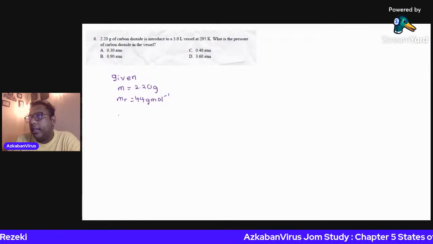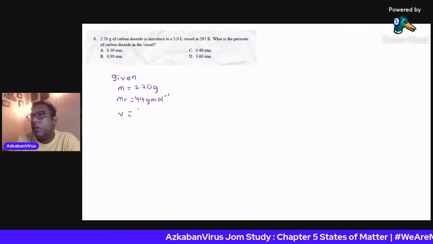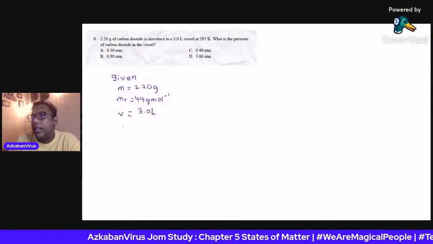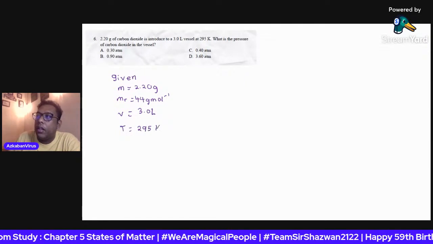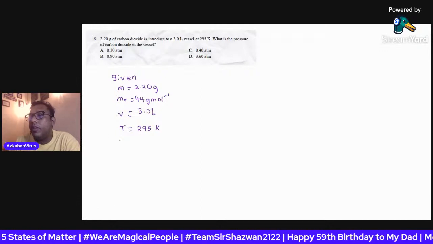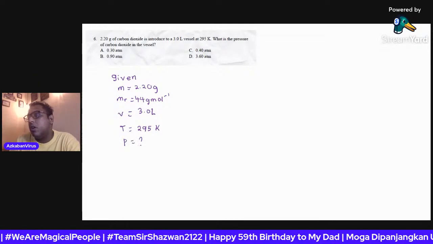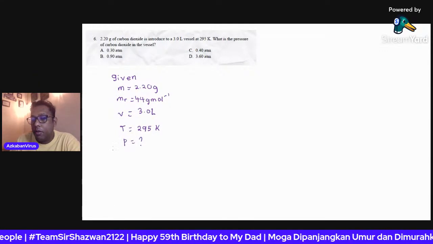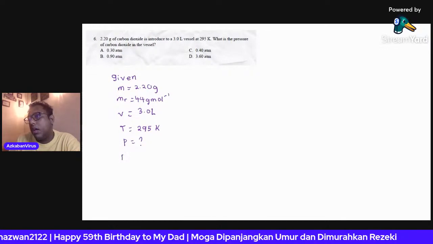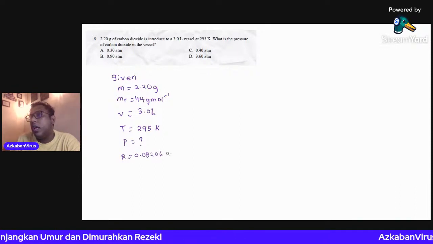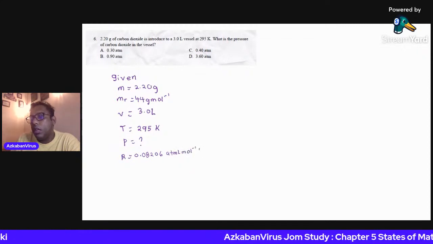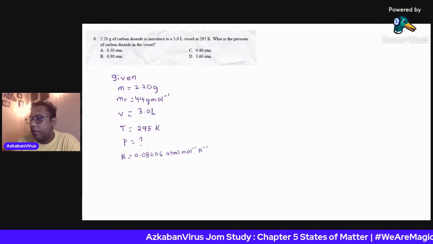In a 3 liter flask, so V dia adalah 3.0 liter at temperature is equal to 295 Kelvin. What is the pressure of carbon dioxide? P sama dengan berapa? We know that R is equal to 0.08206 atm liter mole negative 1 K negative 1.